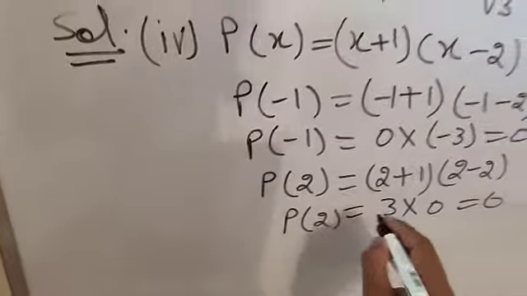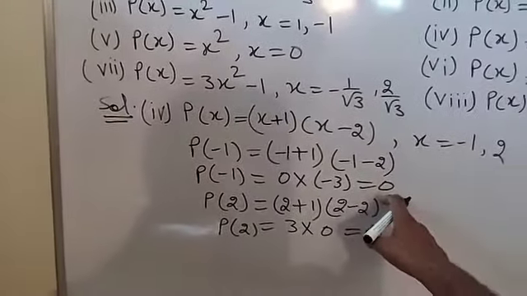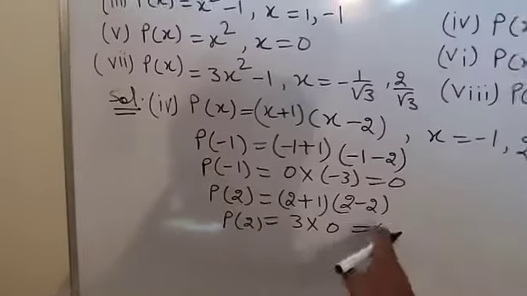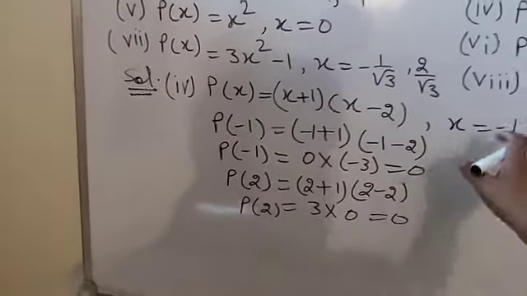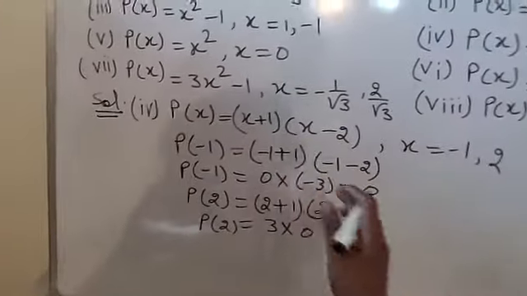So here you get that at x equal to minus 1, the value of the polynomial is 0. At x equal to plus 2 also, the value of the polynomial is 0. It means that both the values of x, that is minus 1 and 2, are the zeros of the given polynomial.